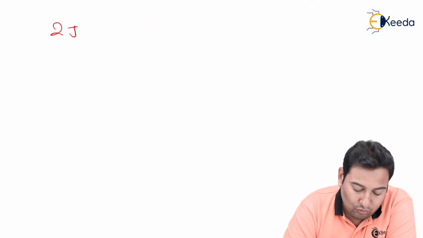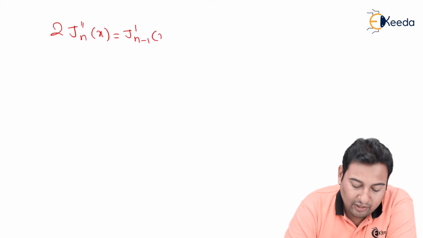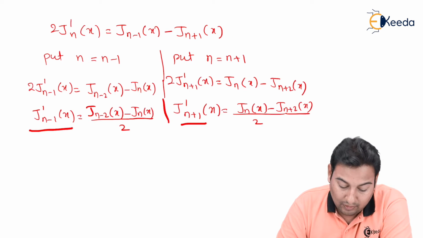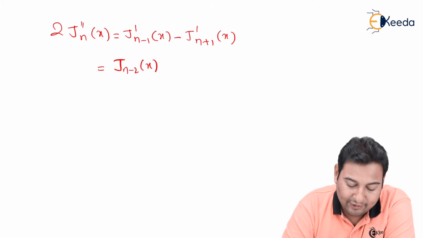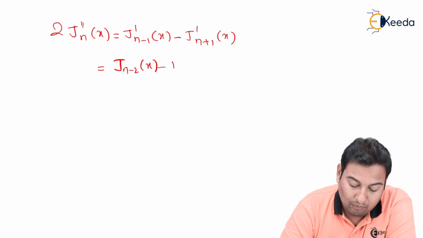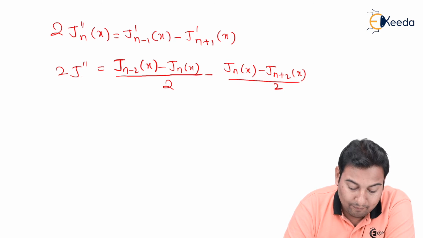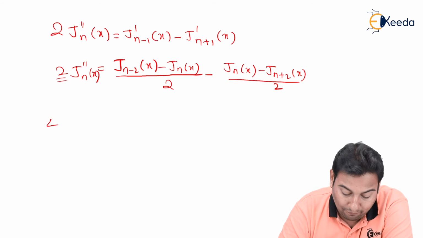See how. 2J double dash of nx equal to J dash of n minus 1 x minus J dash of n plus 1 x. Let's put the values. The first value is J of n minus 2 x minus J nx upon 2, minus J nx minus J of n plus 2 x upon 2. If you take the LCM, 2 is the LCM, that will go to this side and that will become 4.